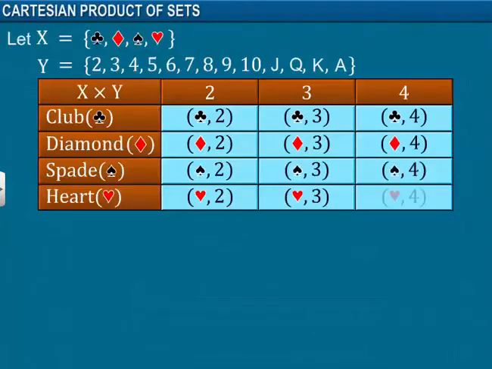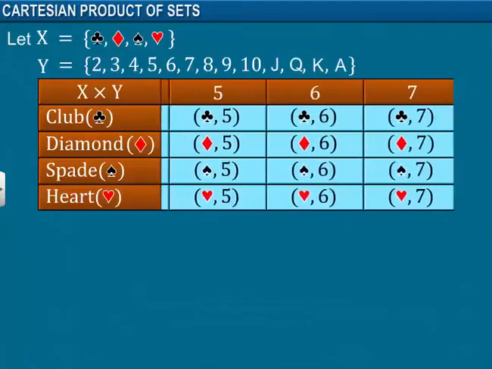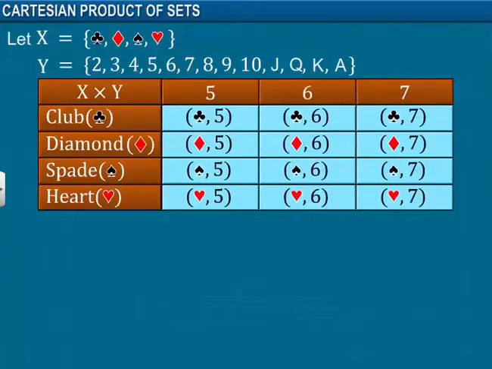In this case, the Cartesian product of sets X and Y will result in the set of all 52 playing cards as shown in the tabular form.